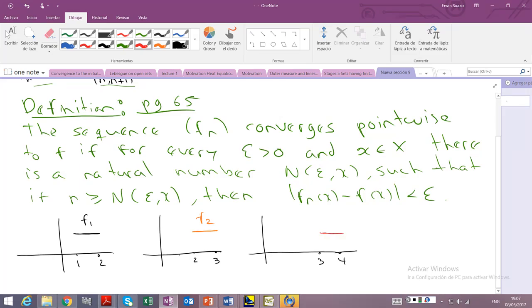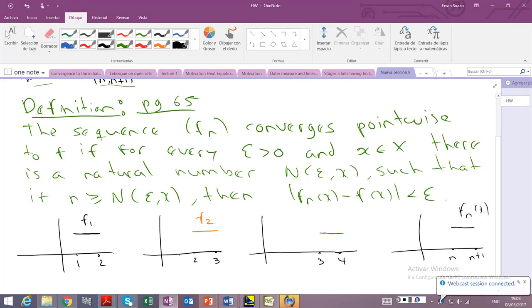So in general my function is n plus 1 here, f_n(x). So this was f_3.